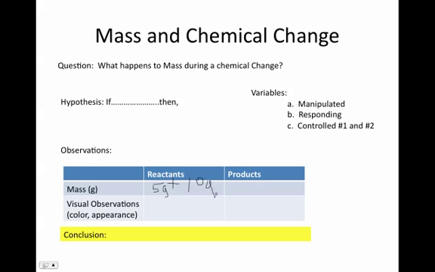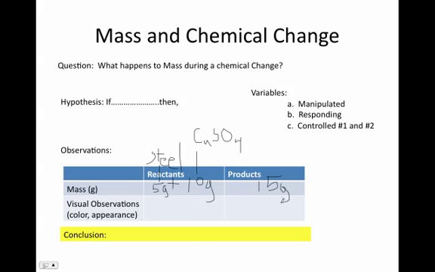And so if you remember in class we had steel wool and we reacted it with a blue liquid called copper sulfate, CuSO4. And we got two new products. One was copper, sorry, and the other was iron sulfate. And we weighed the products and we found out that they were 15 grams.